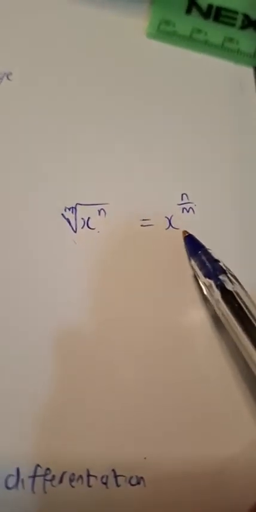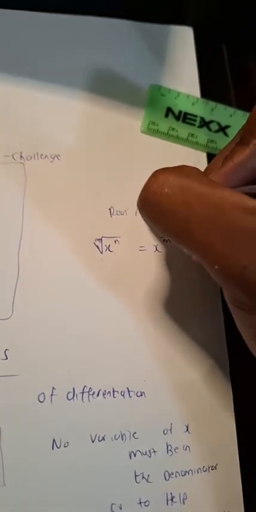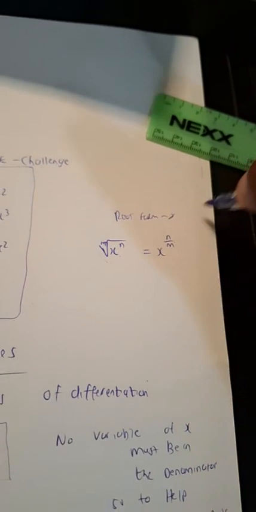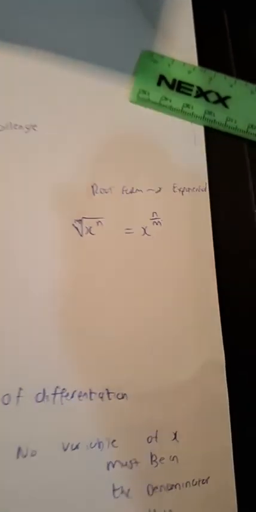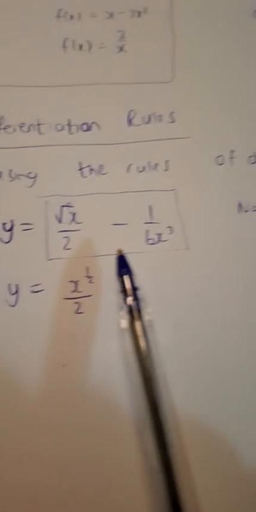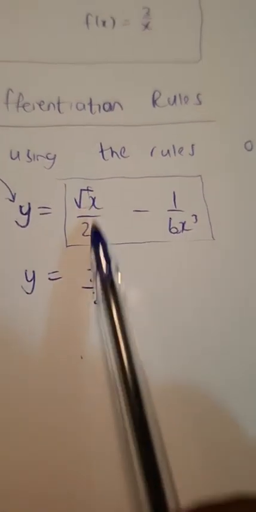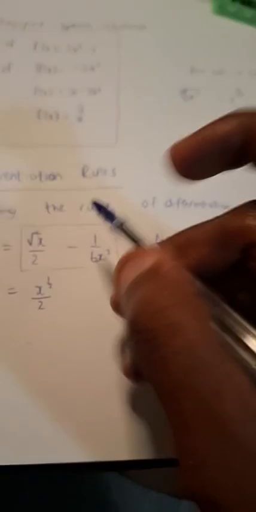Very important concept there. This is from root form to exponential. Very important to know how to convert root form to exponential form. So this square root of x is written as x to the power half, over 2, minus.